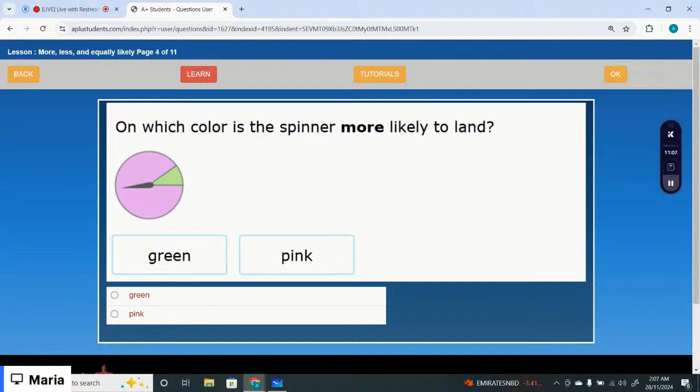On which color is the spinner more likely to land, which is the correct option? It will be more likely to land on pink because the bigger portion is pink.